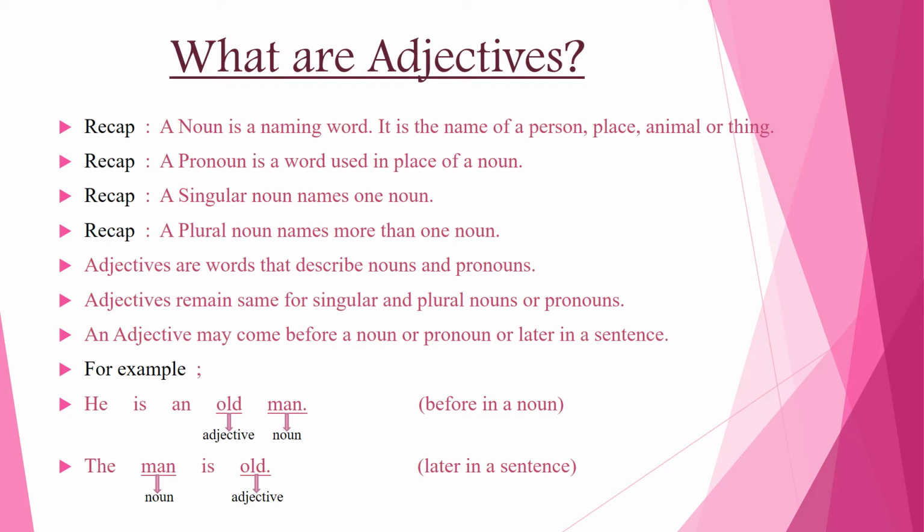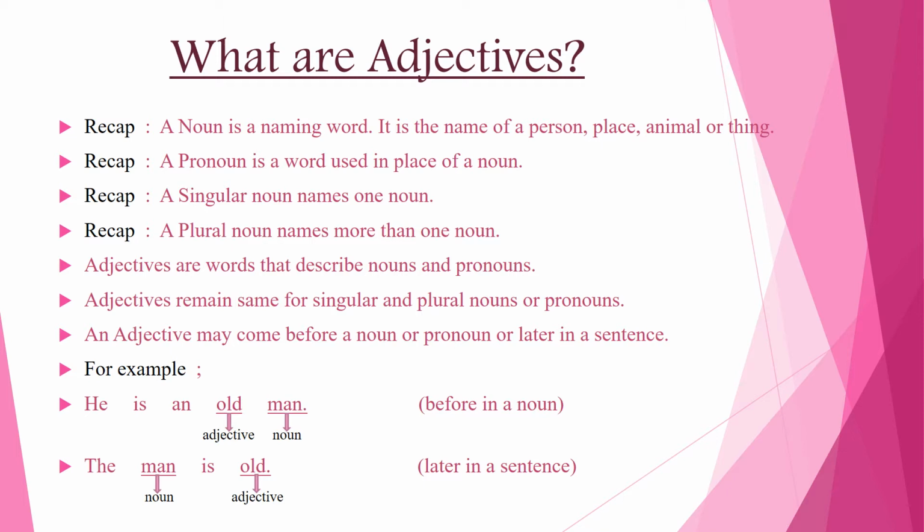What are adjectives? Before we start with adjectives, let us recap what a noun is. A noun is a naming word. It is the name of a person, place, animal, or thing.